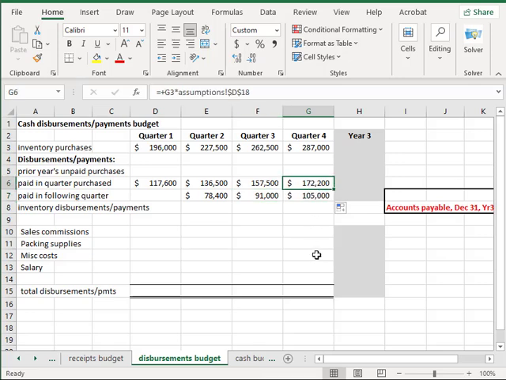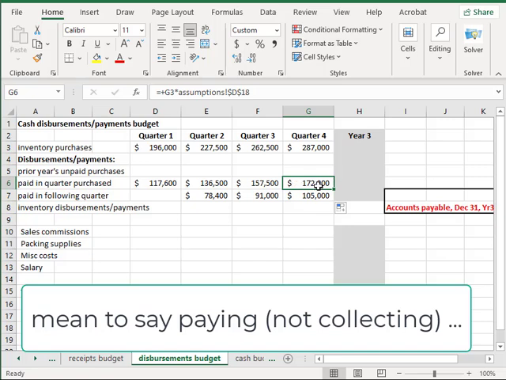The question, though, similar to what we had for collections in Q4, when the 287, here's 60% of it, where's the rest of the 287? When will that be paid? This is what we're paying in Q4 relating to Q4. This is paying the rest of Q3.